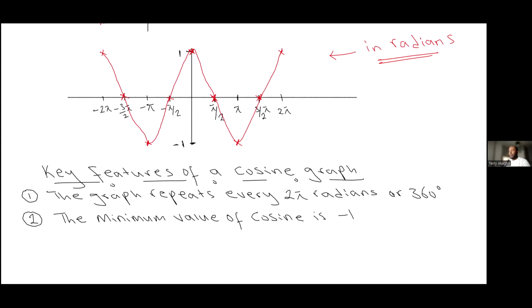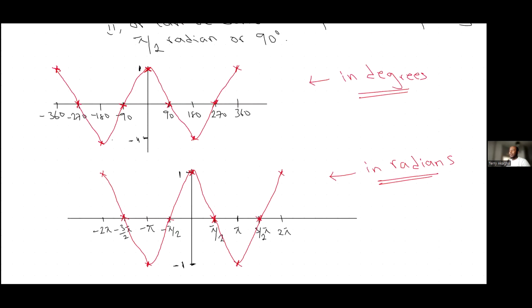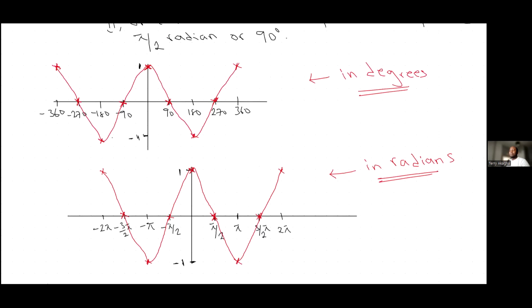And number 3, the maximum value for cosine is 1. No matter if it's in degrees or radians, the maximum value is 1 and the minimum value is -1.